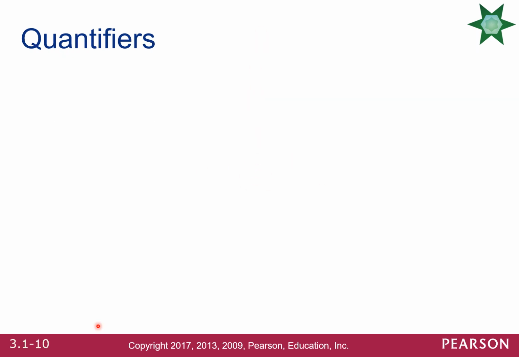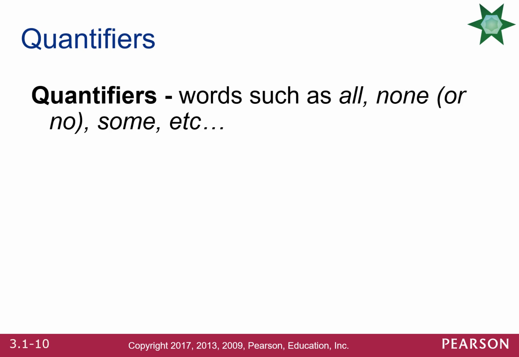All right. Now, before we go into studying the logic of sentences as examples, there's one more terminology that we must know about. It's called quantifiers. Quantifiers answer the question how many, right? What quantity? So quantifiers are words such as all, none or no, some, etc. So any word that implies quantity is referred to as quantifier.